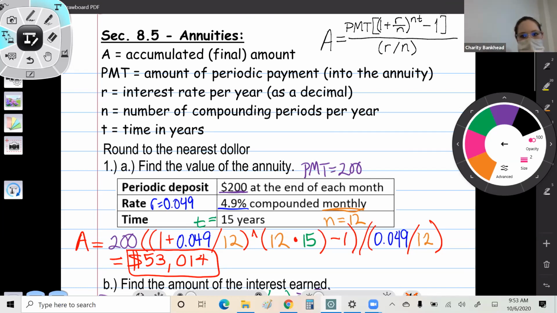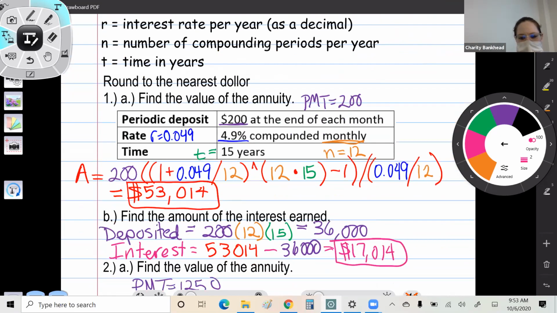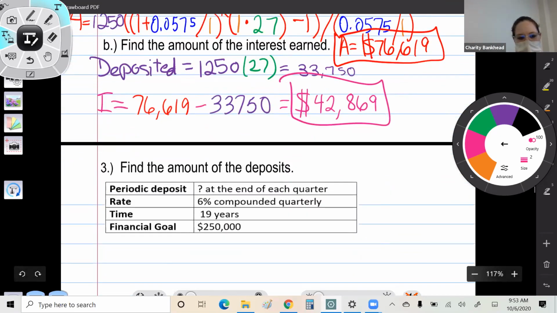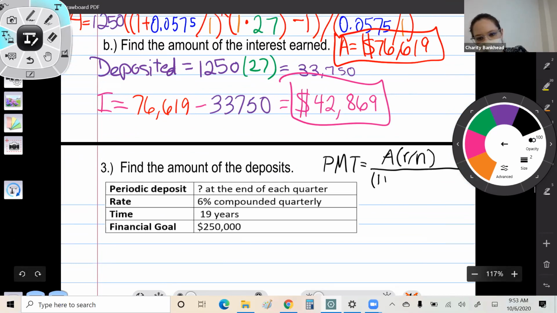So it's kind of like you just multiplied by the reciprocal of that fraction to solve for payment. If you have your formula sheet, you can look at that. So it should be like that.